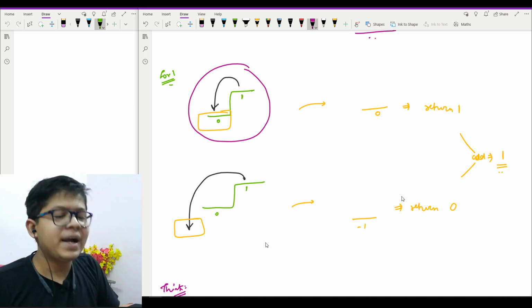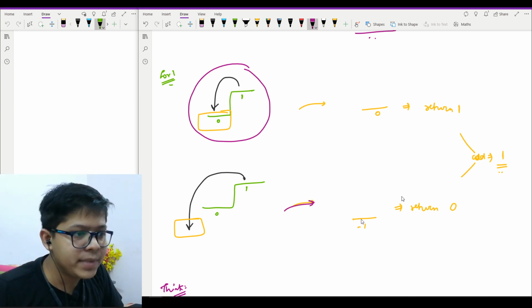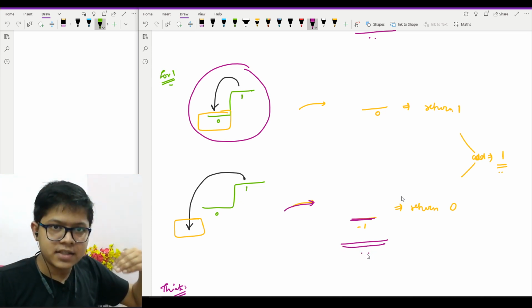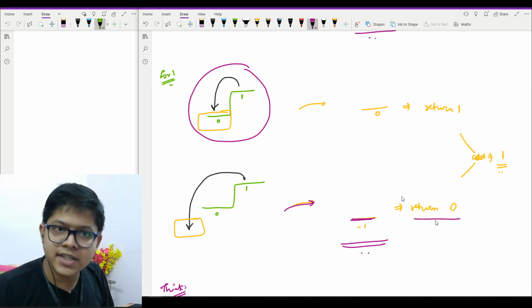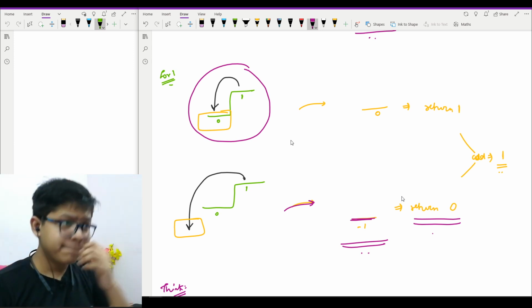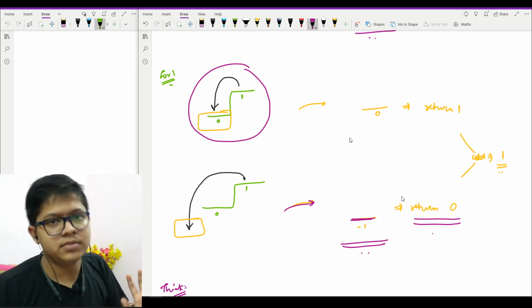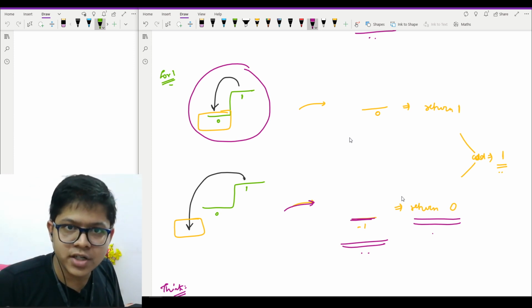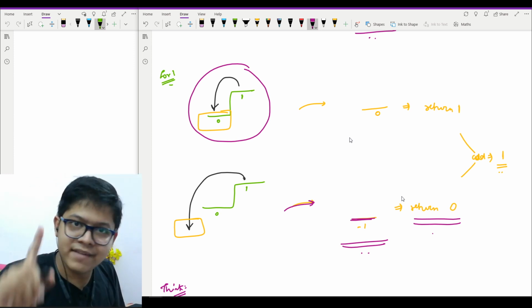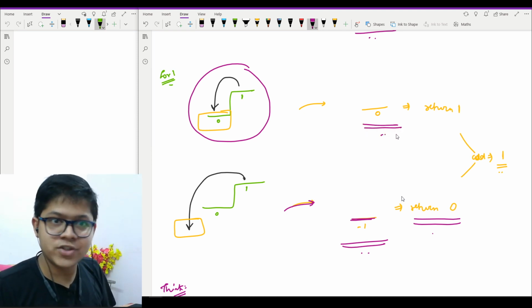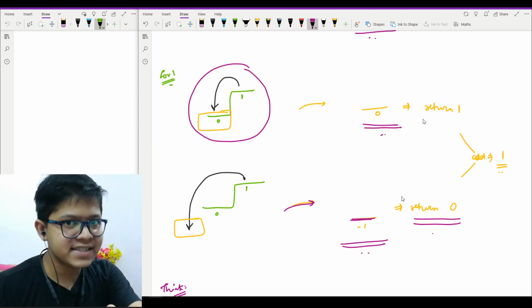So if by any means I am going below the ground, which means I am going to a negative state after reducing, I will return 0. But when I am on the ground, there is one way of standing there. The ground is a valid portion to stand, so I can assume it is one way. As soon as I reach the ground, it is a base case and it is one way.